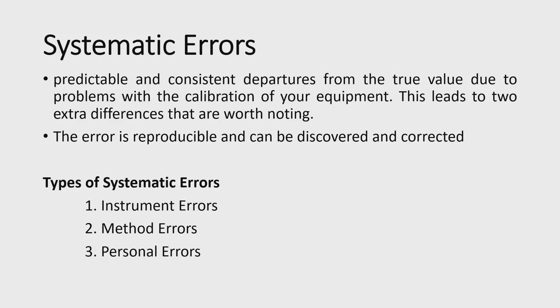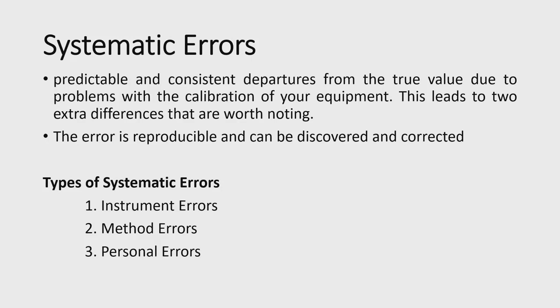The third one is personal errors, and this is solely attributed to your lack of judgment, because basically it's hard for us to conclude or judge based on what we have seen from the instrument. Those are the types of systematic errors that can be encountered.